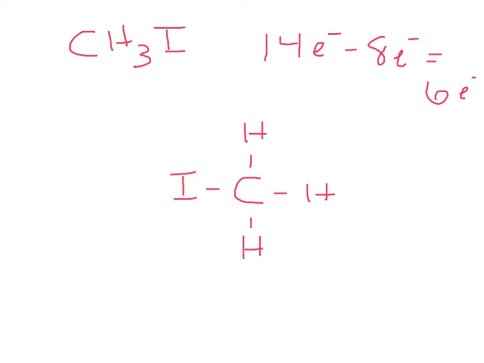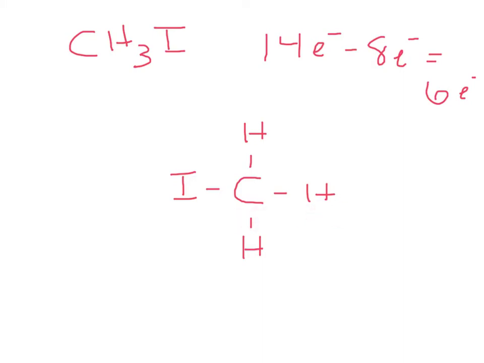Well, look at the molecule and decide whether or not the valence shells of each of the atoms in the molecule are filled. In the case of hydrogen, we know that hydrogen wants to have 2 electrons in its outermost shell. Because each of these hydrogen atoms that are attached to the carbon atom are attached via single covalent bonds, we know that each of these single covalent bonds represent 2 shared electrons between the carbon and the hydrogen.